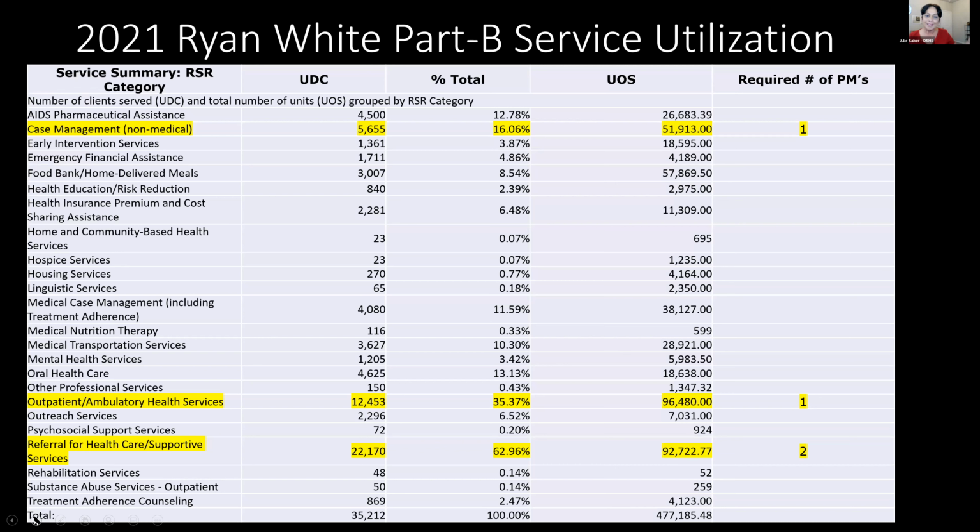I do this all the time, but I just did it again this morning to make sure nothing shifted. That's how I determine how many performance measures I need to be looking at. Over on the farthest right column, it lists how many are required by PCN 1502, but you can always do more, right? But you've got to at least do the minimum.